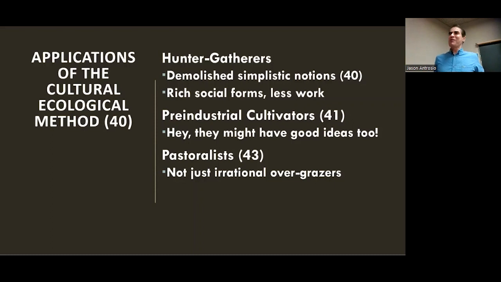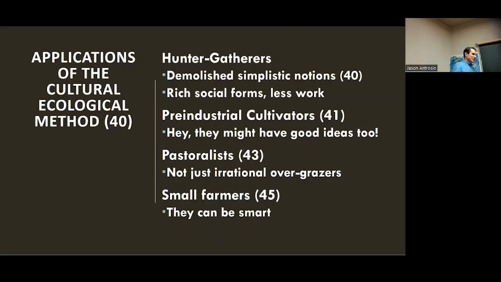It turns out the anthropologists have disproved this stereotype because herders are actually pretty adapted to their environment. All right, small farmers, I'm going to stop asking you for stereotypes, but I'll just say that those people can be smart too.